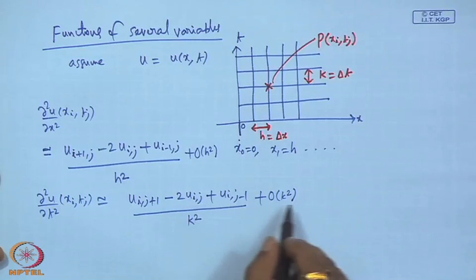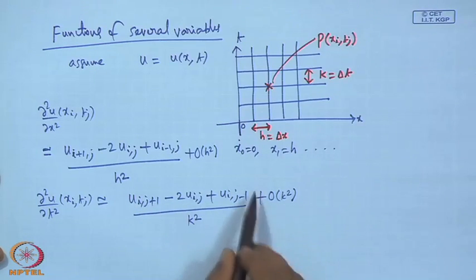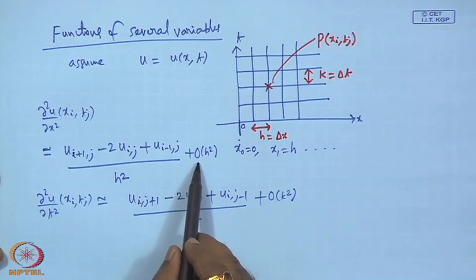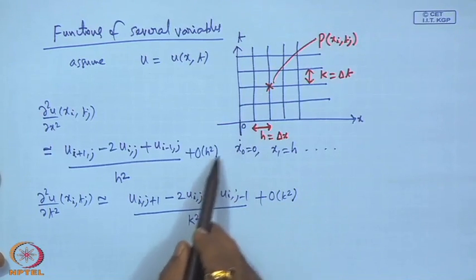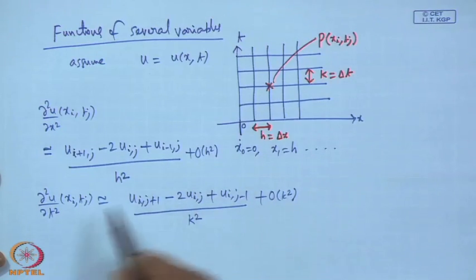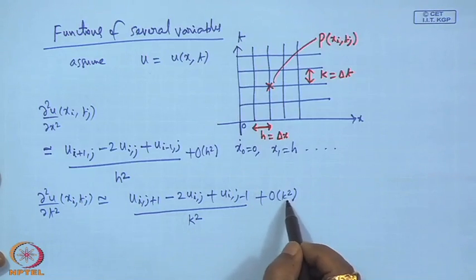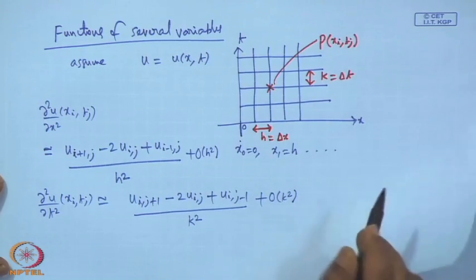This is a typical second order approximation. Why we are calling it second order, we will discuss a little later. The leading term which we are throwing starts at h square, that means h square will be the coefficient, and the coefficient evaluated at x_i, t_j will be multiplying h square. Similarly, here some other coefficient evaluated at x_i, t_j will be multiplying k square. So, this is for the general case.